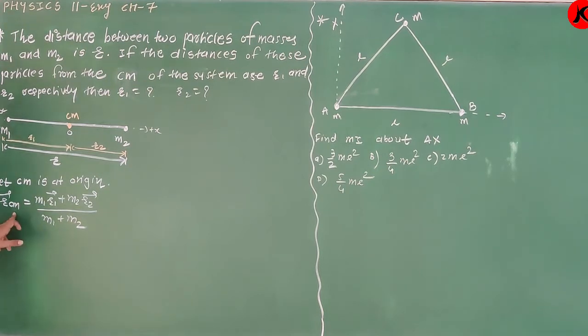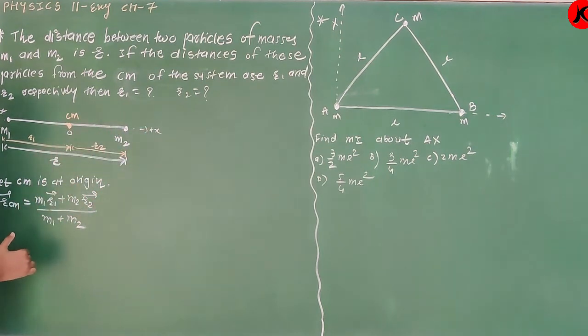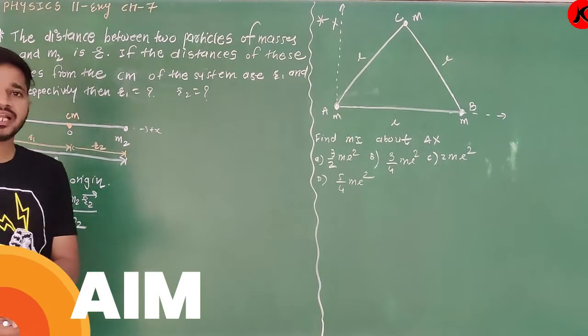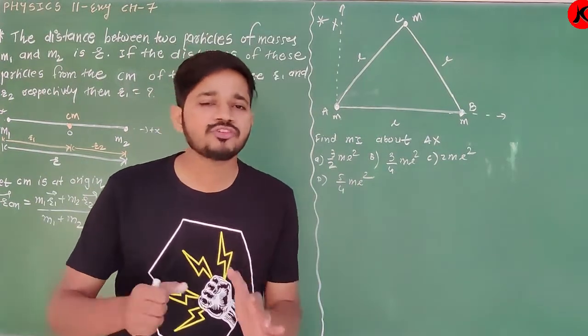It is not as simple as x center of mass equal to m1 x1 plus m2 x2 upon m1 plus m2, because here the origin is in the middle. One particle is on the positive x-axis and the other is on the negative x-axis, so one is positive and one is negative. So you have to take position vectors.